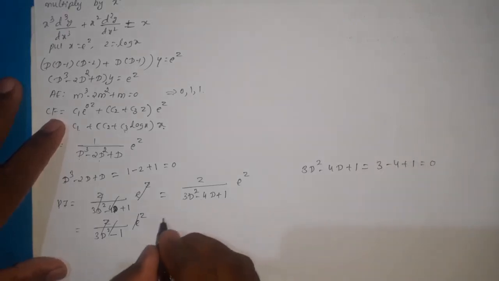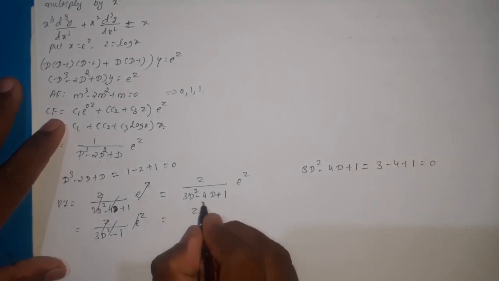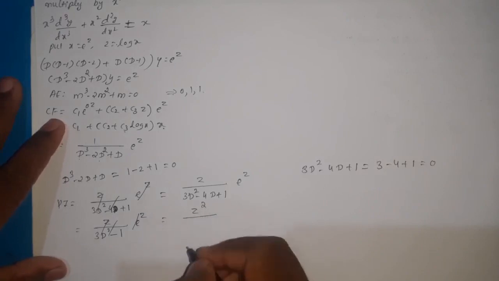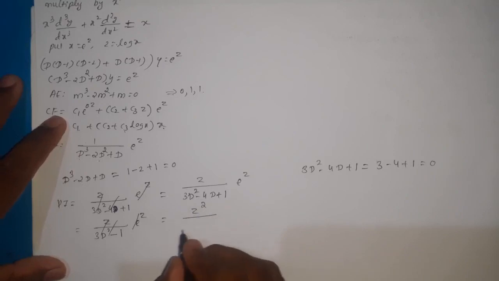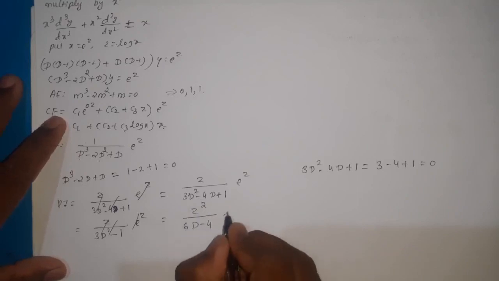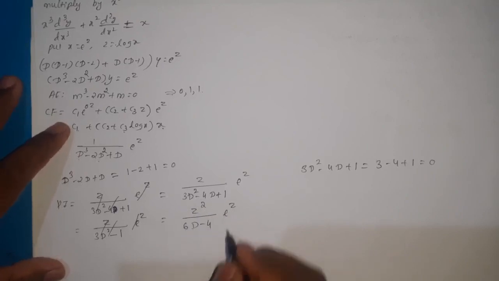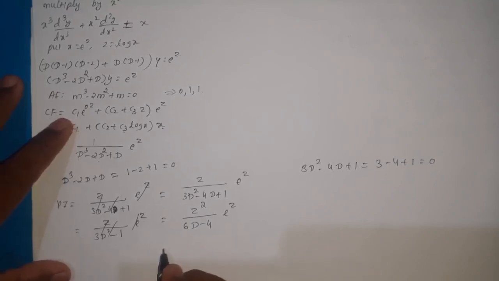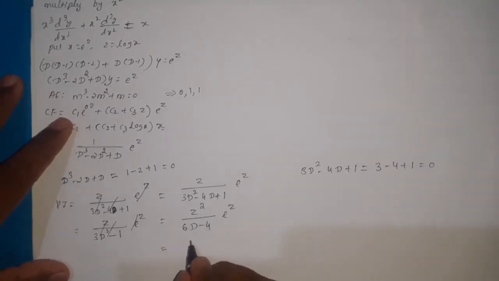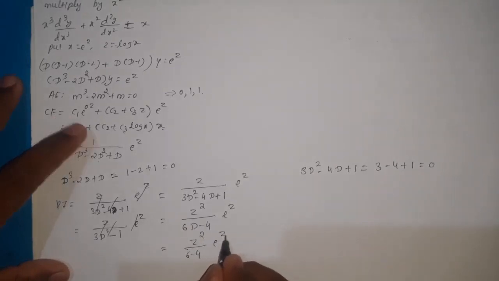Again it is 0, meaning now this becomes z square divided by, again differentiation, that is 6d minus 4, e power z. Then this is equal to z square, now d equal to 1, that is 6 minus 4, e power z.